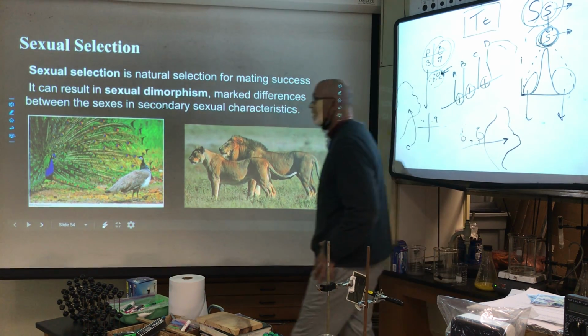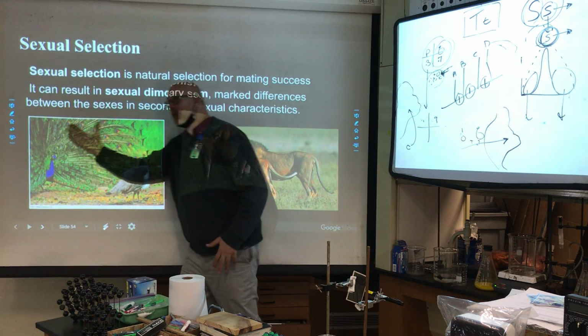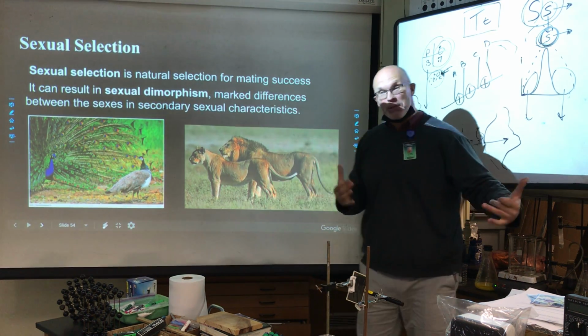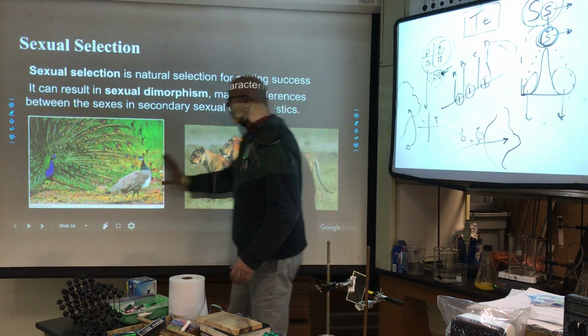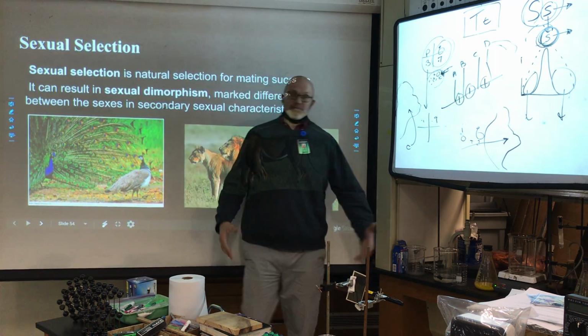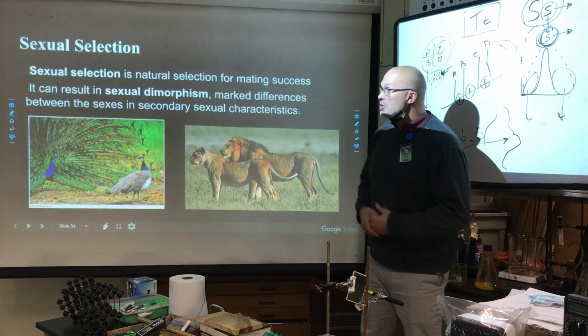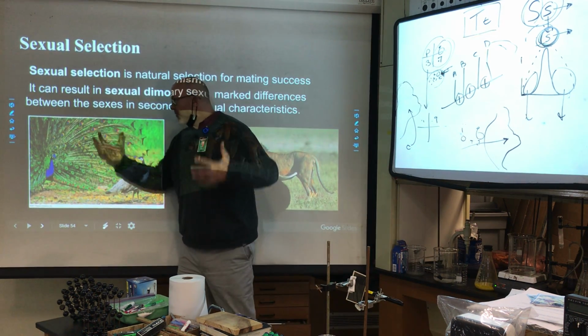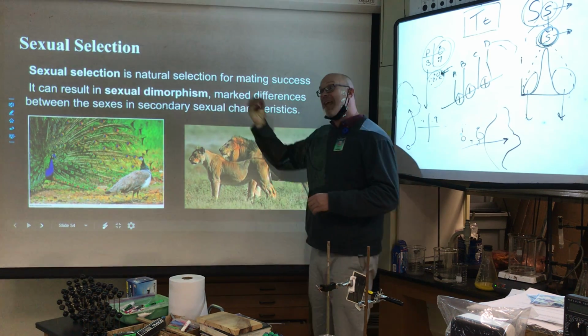Yes, you have to have the alleles and the mutations that cause them, but you also have to have the resources from your environment to produce them. Those that can't produce this big plumage of feathers don't have the nutrition or the genetics, so they aren't healthy. So the plume of feathers attracts the mate to say, hey, that's a healthy individual.